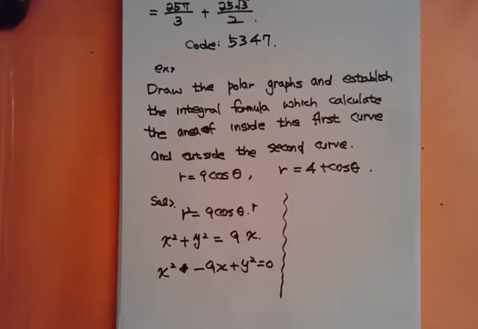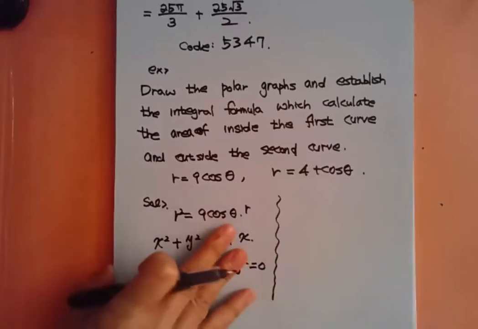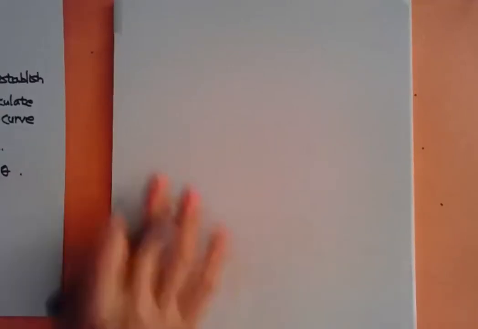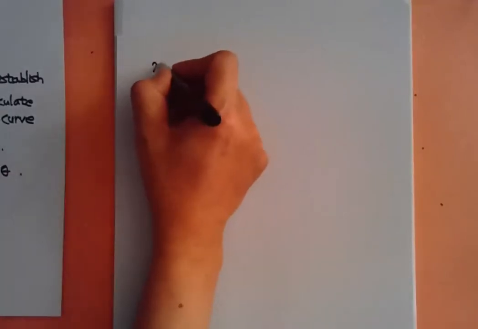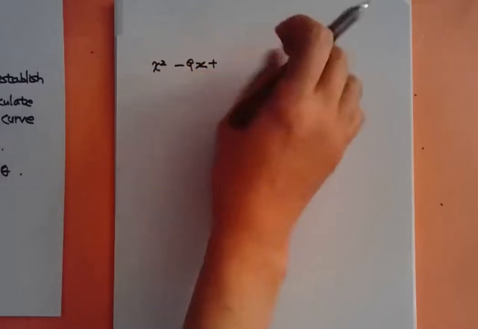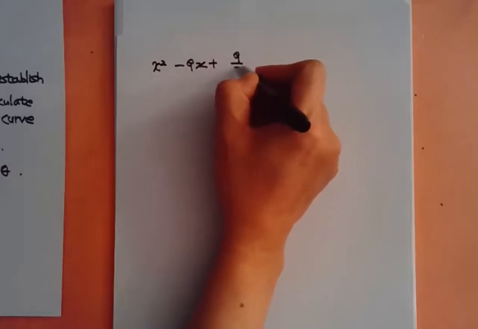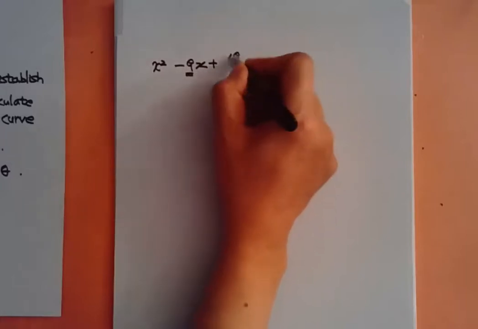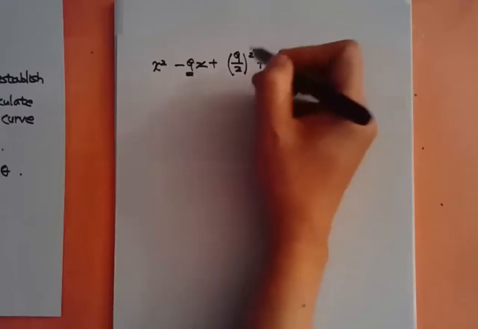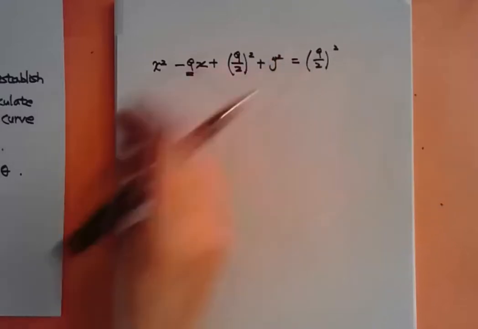So we will do completing the square. To do that, we write x squared minus 9x, plus the constant term that is missing. When that happens, we think about half of this number squared, plus y squared. We have to do it on both sides. So 9 over 2 squared.